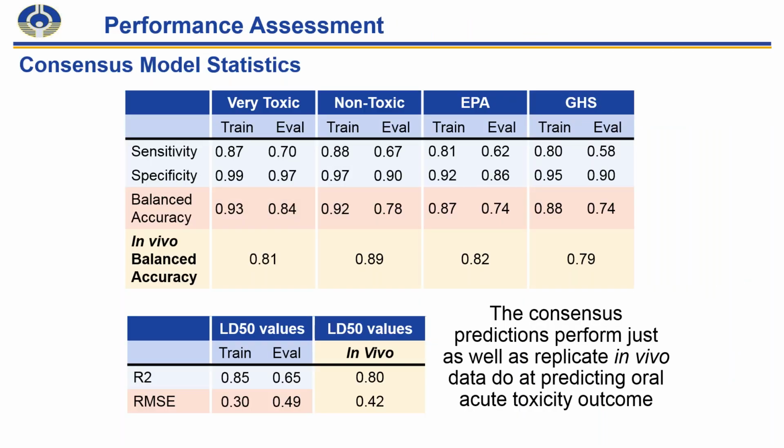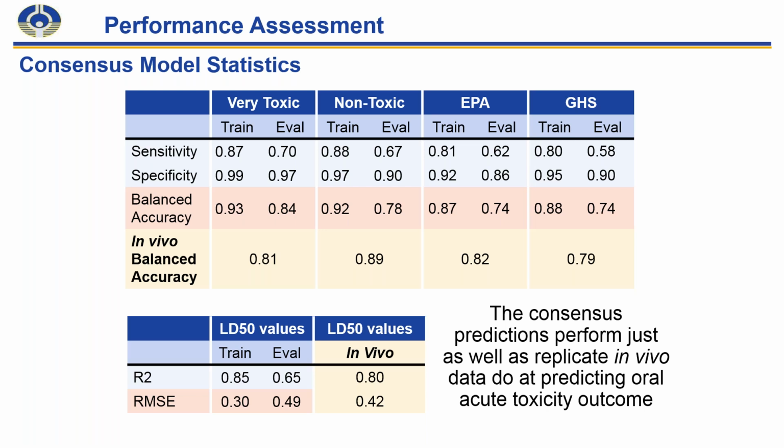So we looked at the performance assessment in comparison to the performance of the in vivo animal test. Now, because we don't have human data to compare the animal data to really know how well the animals are actually performing and predicting acute oral systemic toxicity, as a surrogate, we used the performance of the in vivo animal test at replicating itself.